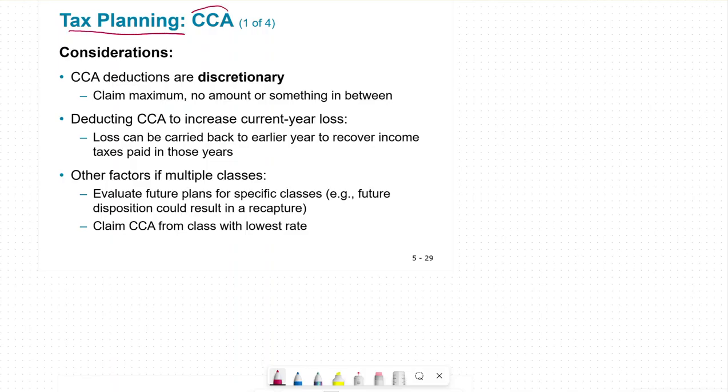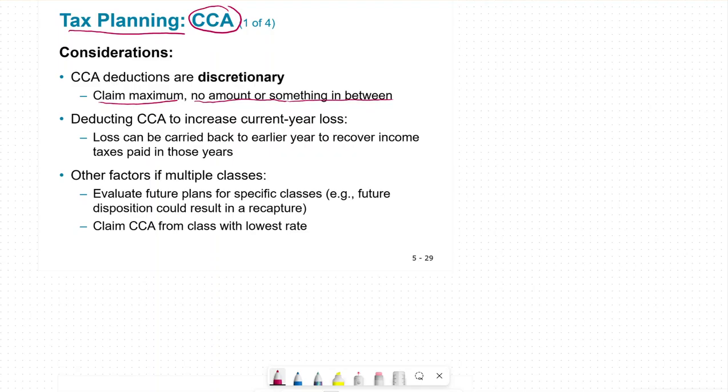CCA is what reduces our taxes through tax planning. Now, CCA deductions are discretionary. You can claim the maximum CCA, or no CCA, or something in between. So you decide how much CCA to claim.